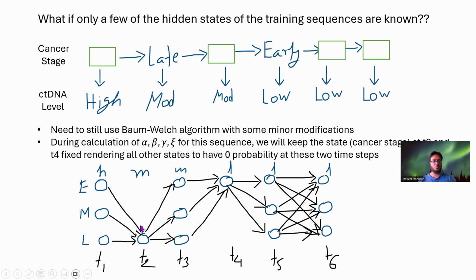For example, at time T2, you only have late stage, so the arrows will go to late stage. And again, at T4, you know that the arrow should only go to early stage, so you just put one node right here. Using this graph, you can calculate the alpha, the beta, and also the psi, the lambda, those kinds of things. That's the only difference.